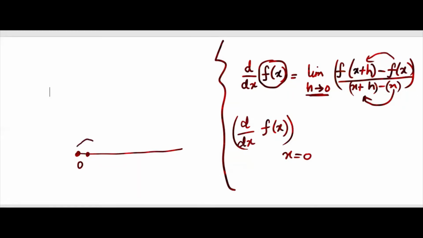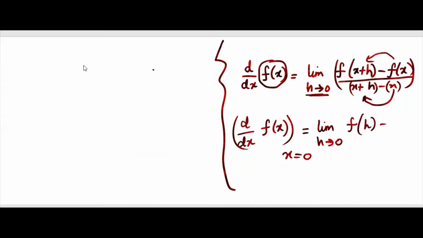We are not interested in how it's changing at other points. We are interested to see the change here only, nearby 0. So we'll replace it by 0. That will be limit h tends to 0 of f(h) minus f(0), the value of the function at h, which is very close to 0, divided by h. This kind of notation we'll use here for our derivation.